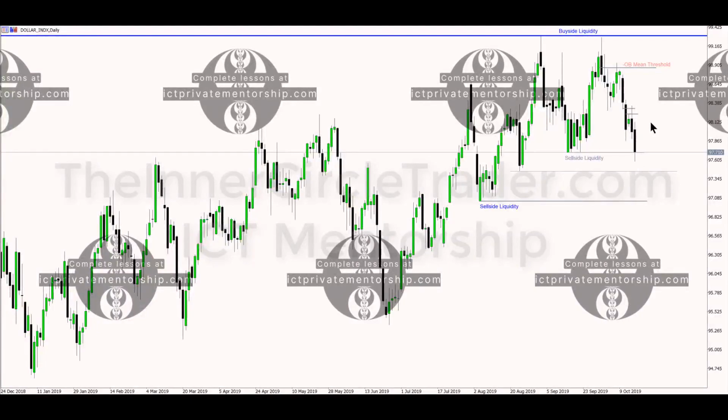The things that I said would be problematic created the scenario that would basically call this a low probability condition. Again, stressing the fact that low probability is still probable. It just means that in the grand scheme of things, high probability is what we're looking for. High probability, low resistance liquidity runs.